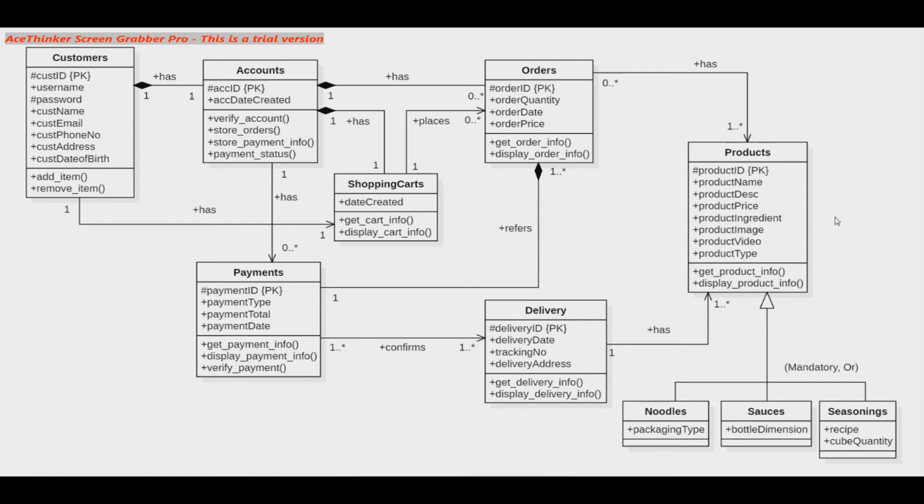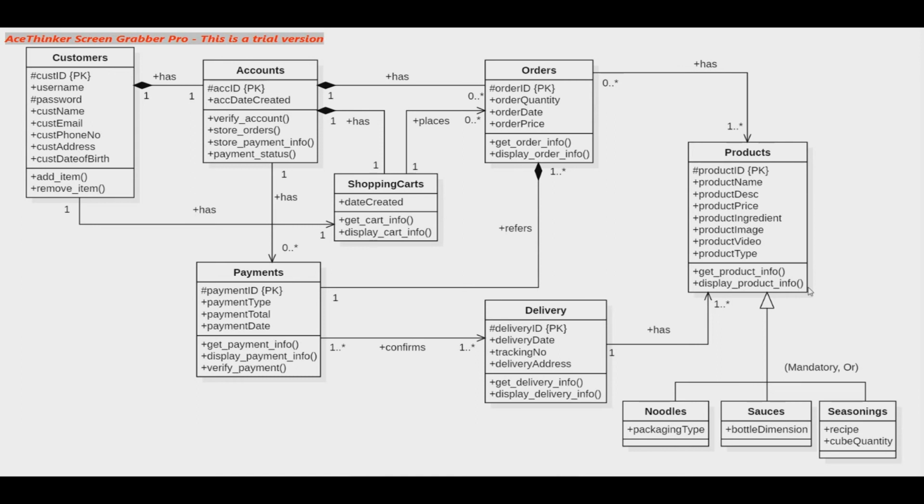Our product will have an image, video, and all of these attributes. So the user can get the product info from the product on our website. The website can also display the product info that the user chooses.